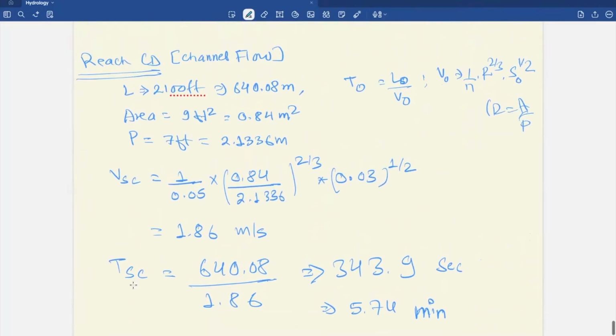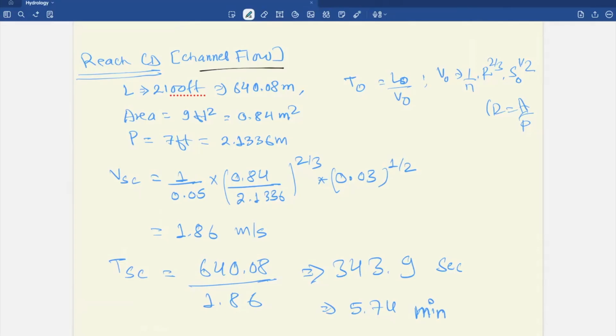And for question number three, reach CD, that is channel flow. Reach CD is channel flow, 2100 feet, natural channel, 3% slope. The final reach is the natural channel. We are given the cross-sectional area as 9 square feet and wetted perimeter as 7 feet, and the slope remains 3%.